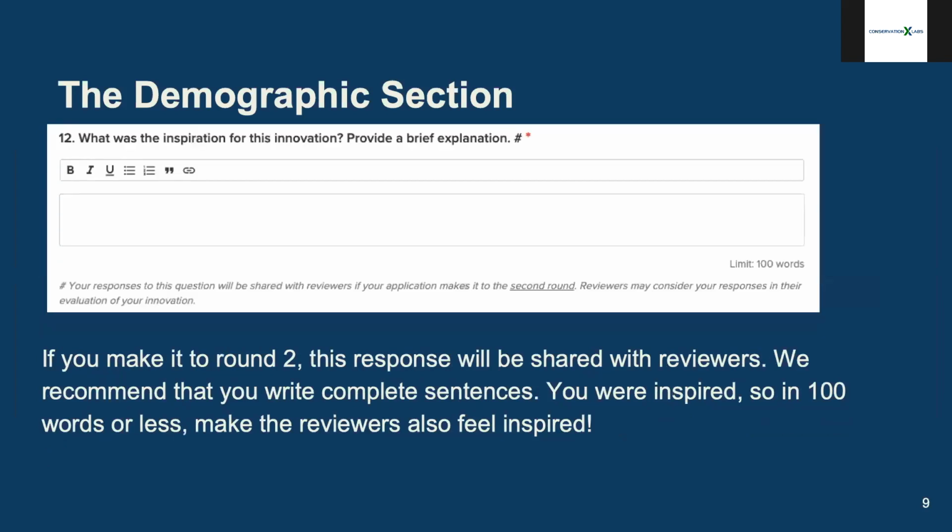Still in the demographics section, question 12 is asking, what was the inspiration for this innovation? And provide a brief explanation. This is a response that will be shared with reviewers if you make it to the second round. It really gives a sense of who you are as a team.